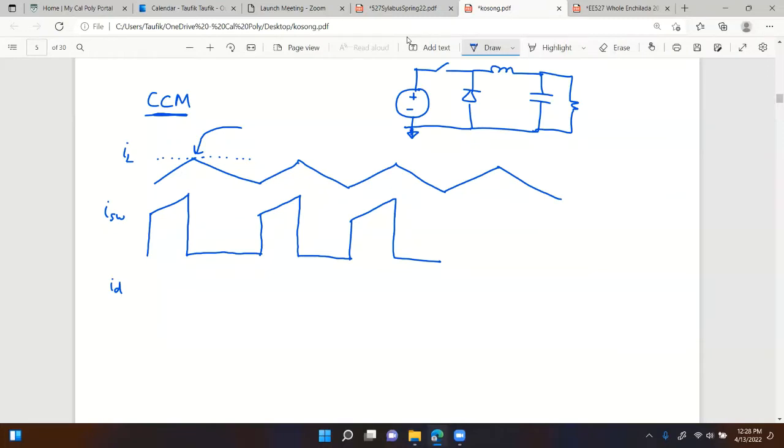So the switch current, I switch, looks like that, and I diode is shaped just like this.